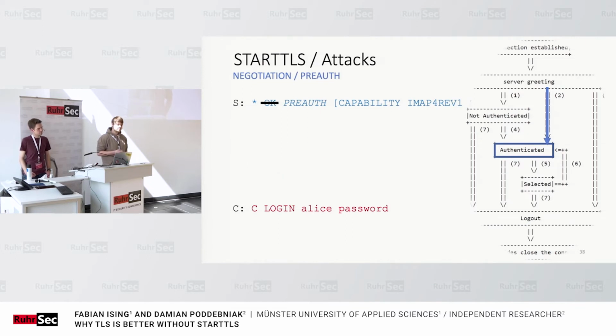But here there's something more we have to consider. As I explained, the client is now in the authenticated state. So you can ask yourself, why should it log in again? In fact, if you have a standard-conforming client, it will not do the login, but maybe proceed with the select command instead to select the inbox.